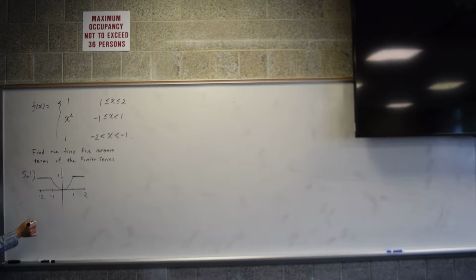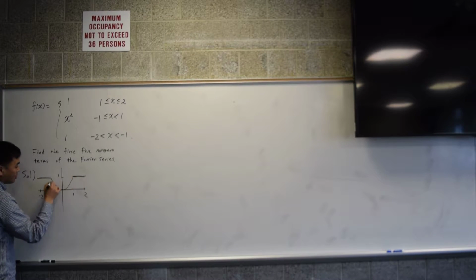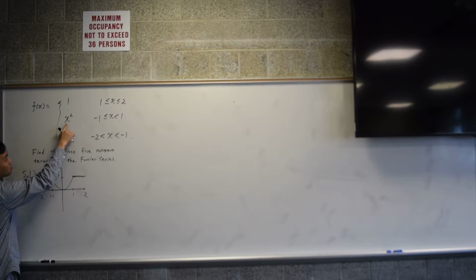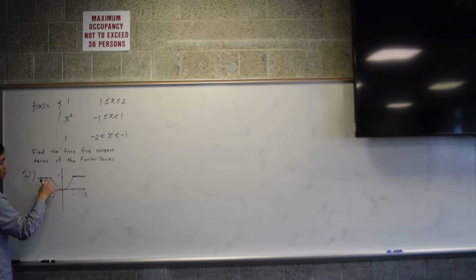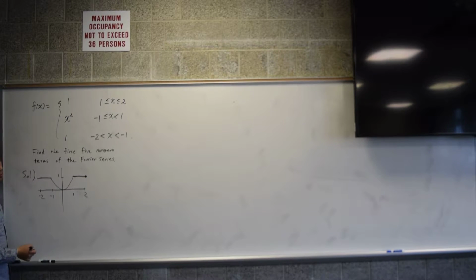Because y equals x squared is a parabola, right? And they actually meet, because if you plug in 1 and -1 here, you get value of 1 in both cases. So you actually have a graph that's like this, which you can think of as a closed circle here and an open circle here, because at -2 it's not defined.